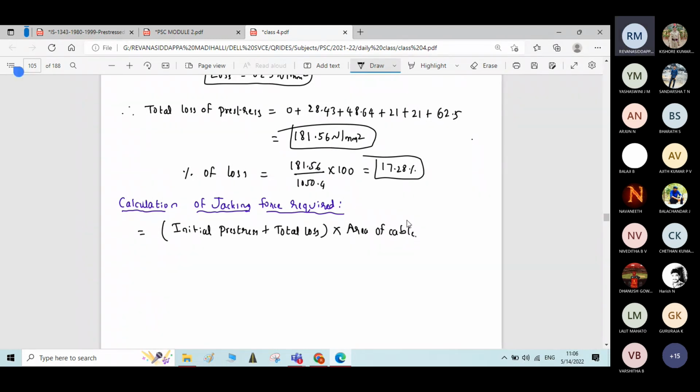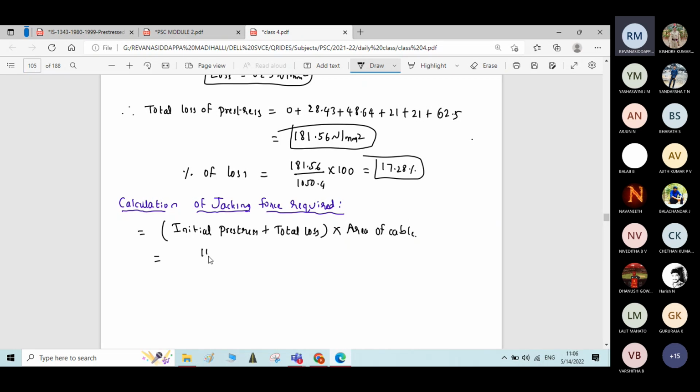If you calculate the jacking force considering the losses, then there won't be any further losses, so the required stress of 1050.4 we can achieve. That is the meaning.